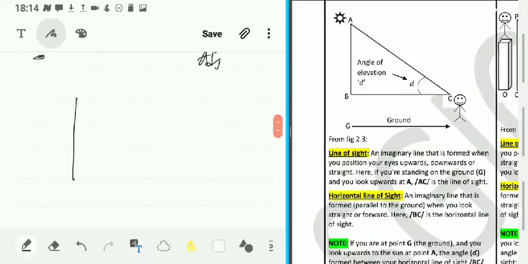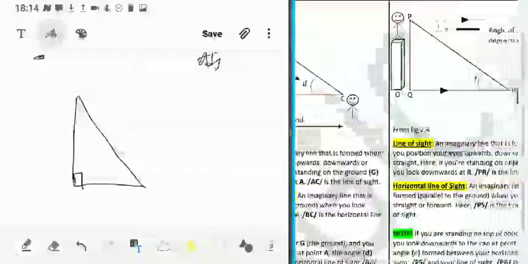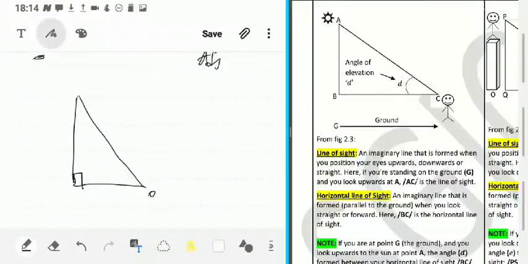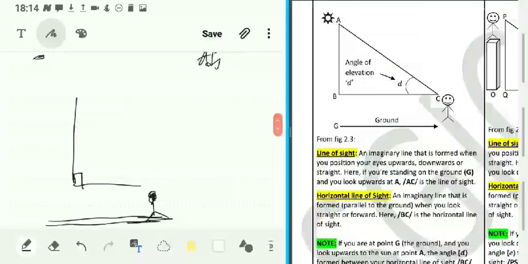Let me draw my own here. I forgot to put my 90-degree here, but you should see it in your own resource file. I will edit it. Now, this is somebody standing at this point, standing on the ground.